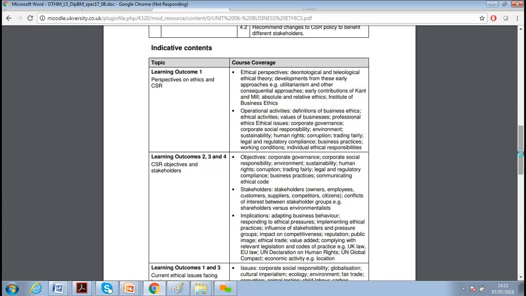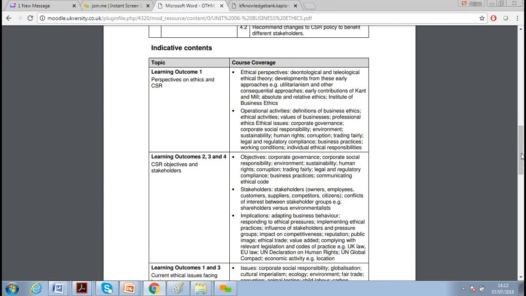We go through the impact on trade, value added, compliance with the relevant legislation. So we'll discuss different legislation here, and we can further enhance that as well if we want to.